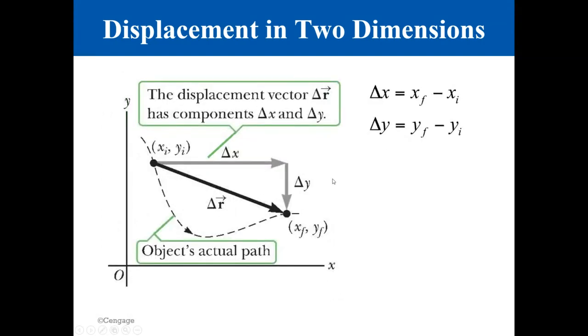We may decompose the displacement vector into x and y components. So this is the displacement vector, delta r. We can decompose it into a component along the horizontal axis, delta x, and another component along the vertical axis.